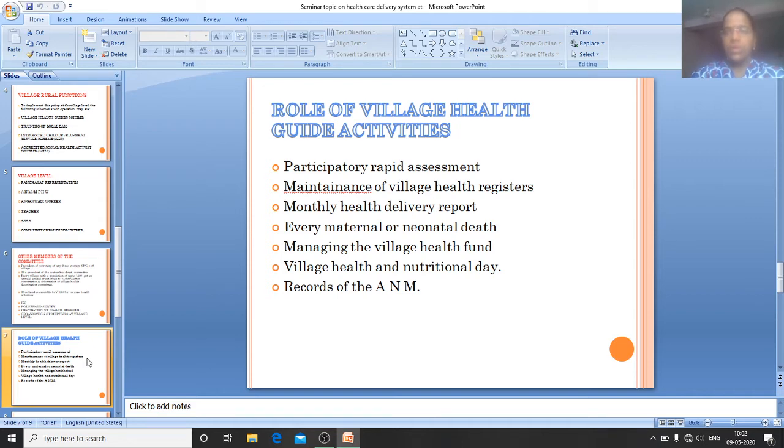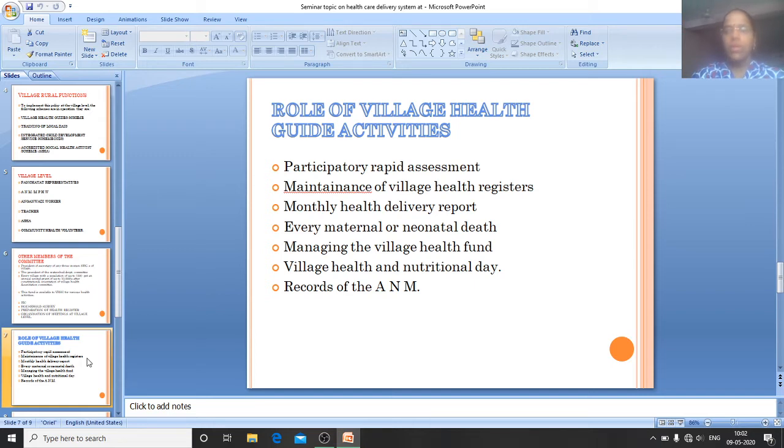Now, what are all their functions? Let us see once again. Participatory rapid assessment; maintenance of village health registers, that is registers, records and reports; the monthly health delivery report, in which they give how many antenatals, postnatals, and neonatals or infants there are. They have to give the tracking record to the higher officials or authority.